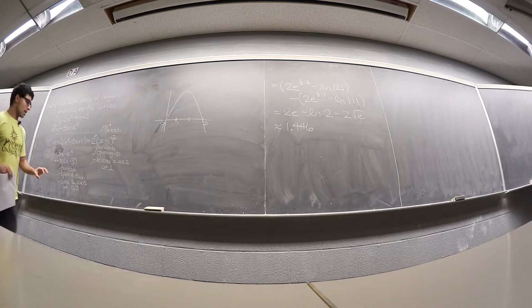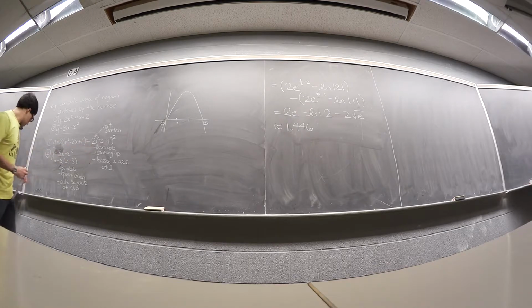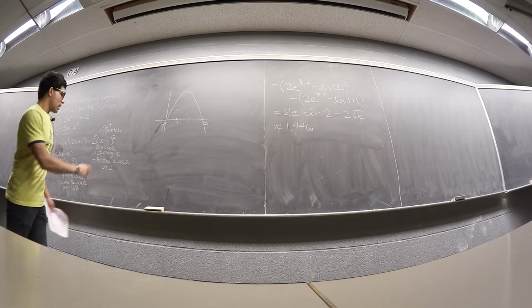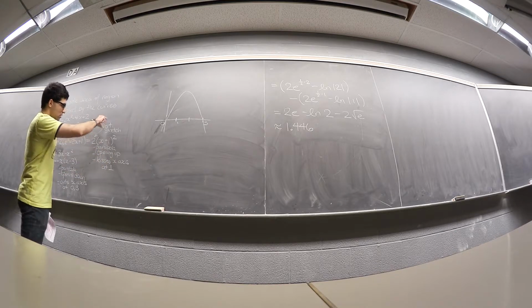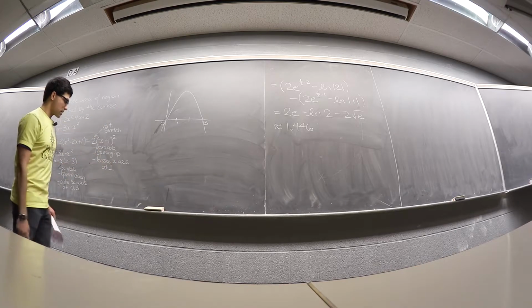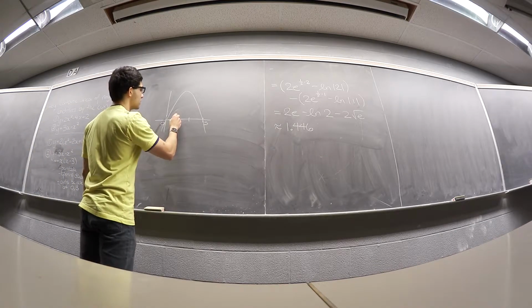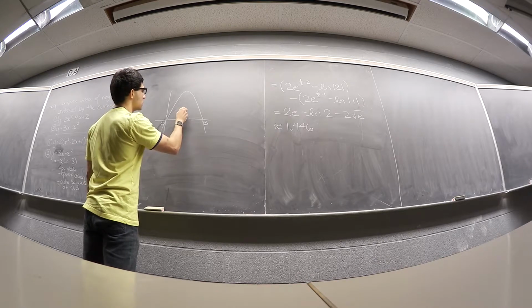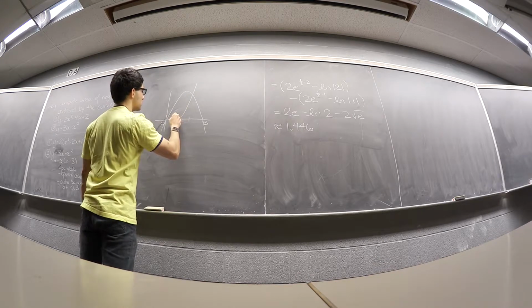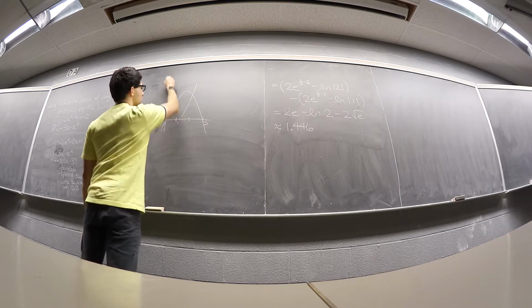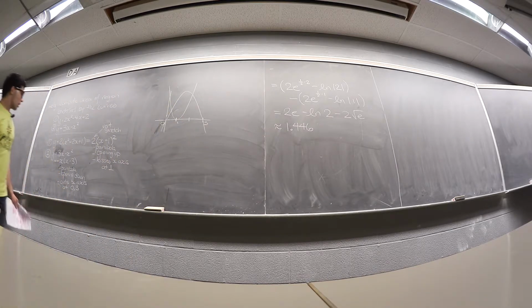Okay, and the other guy opens up. Where's my pen? Okay. The other guy opens up, it's still a parabola, it's stretched compared to that guy, and it kisses the x-axis at 1. There we go.